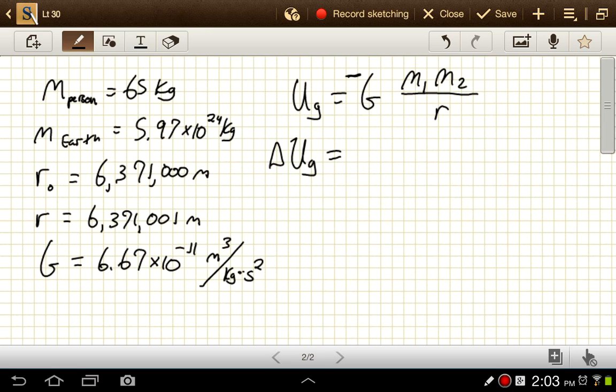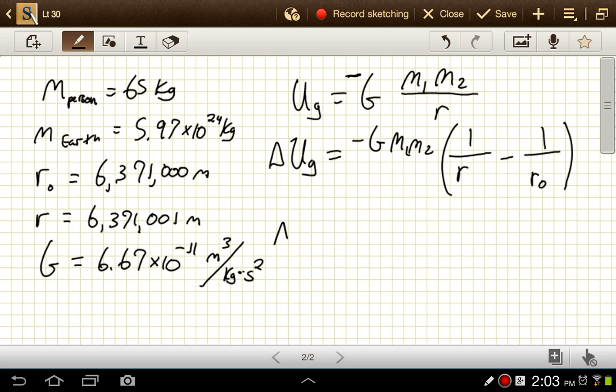So we'll do negative G m1 m2, and then we'll just do 1 over r minus 1 over r naught. So the m1, m2, and the G, those won't change, so I just factored that out here.